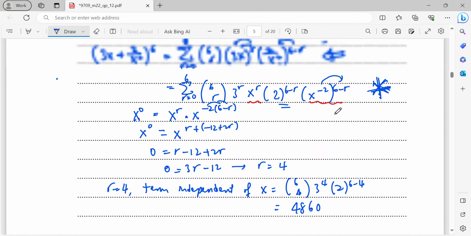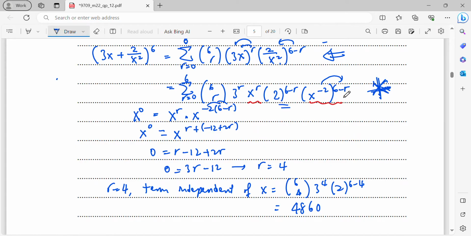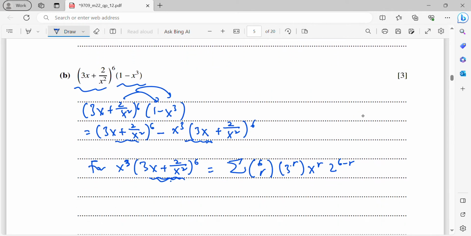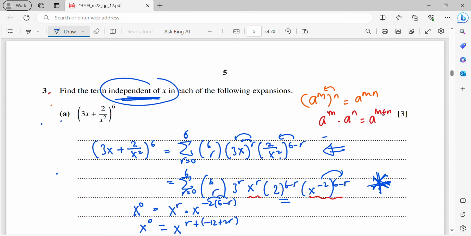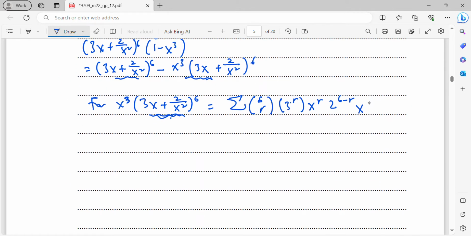Then you get x to the power of negative 2 outside 6 minus r, which is basically x to the power of minus 12 plus 2r. Okay, so I will just directly simplify. Then the r from 0 until 6.